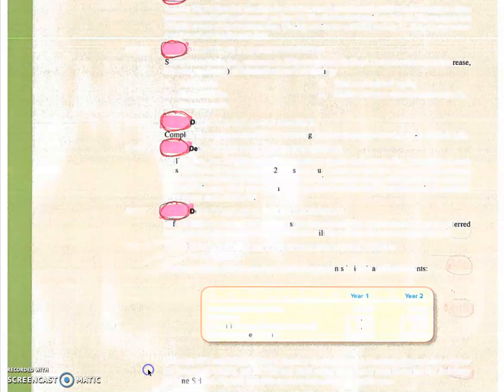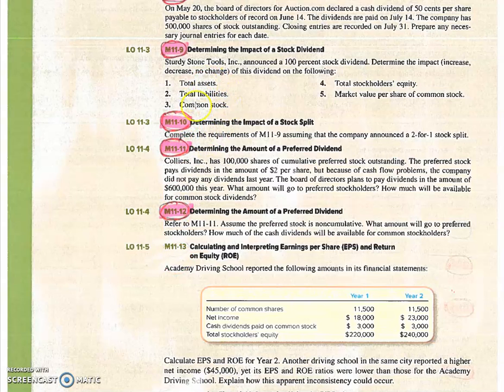Now the next one, they ask you, complete these requirements, but assume that the company announced a 2-for-1 stock split. Well, their common stock amount is not going to change. The number of shares will change. They'll double. The par value will be cut in half, but common stock will remain the same.